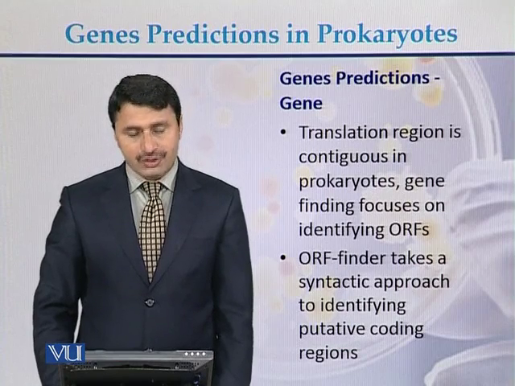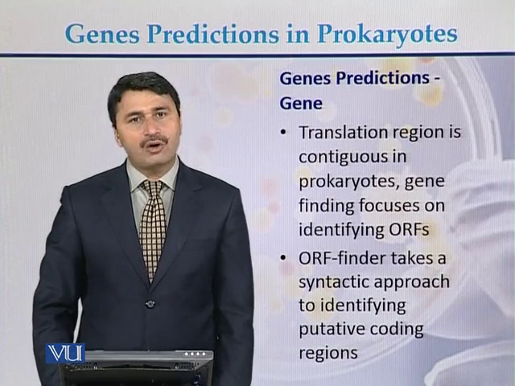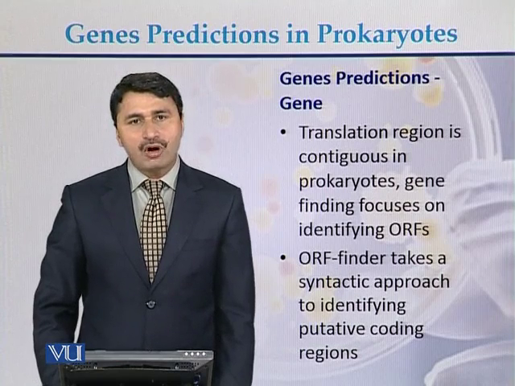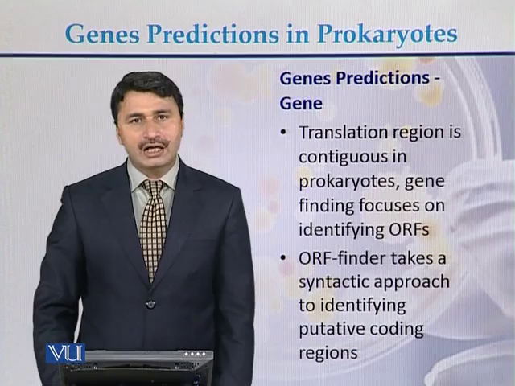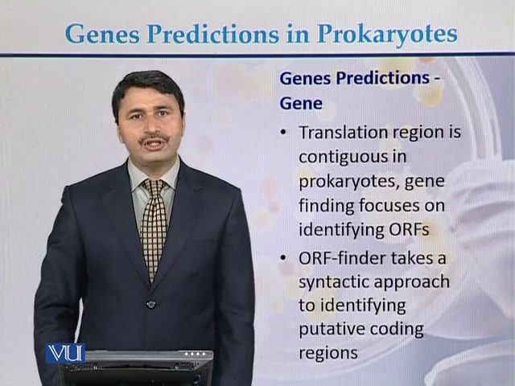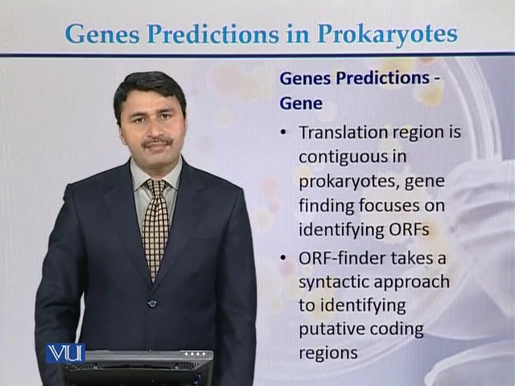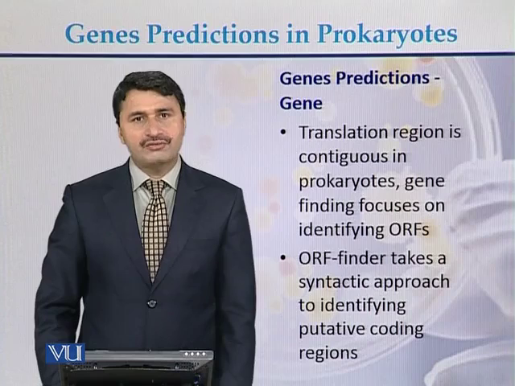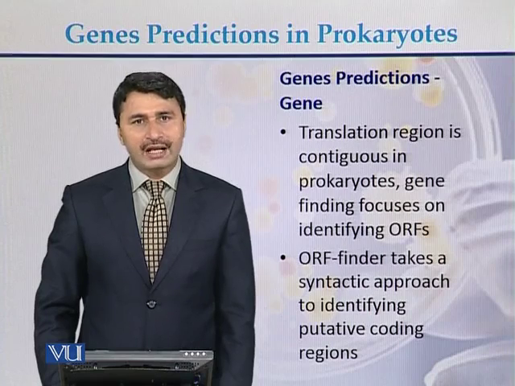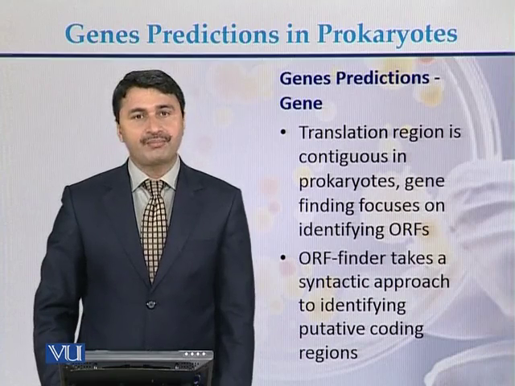Gene finding focuses on identifying the ORF, because the ORF is the region that is continuous. So once we identify the ORF, we can identify the gene. There are some computer programs which identify the ORF. One of them is called ORF Finder.